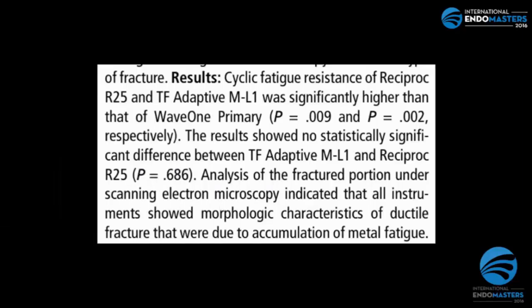So, this article found that the cyclic fatigue resistance of Reciproc R25 and TF adaptive ML1 was significantly higher than the Wave One primary. The results showed no statistically significant difference between TF adaptive and Reciproc.